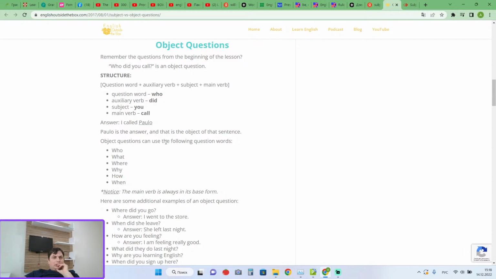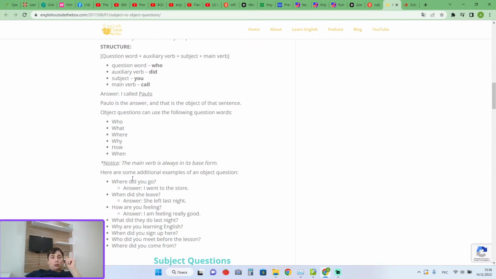Okay. Object questions can use the following question words: who, what, where, why, how, when. Okay. Notice. The main verb is always in its base form. Okay. Here are some additional examples of an object question.